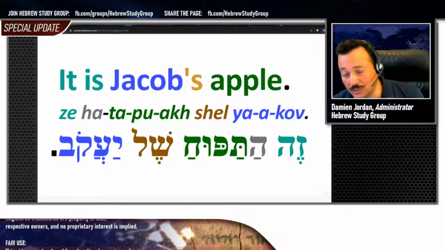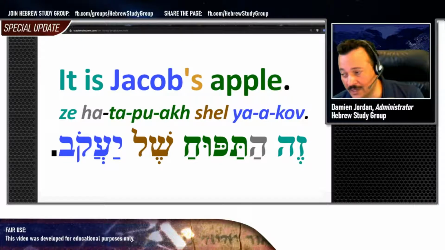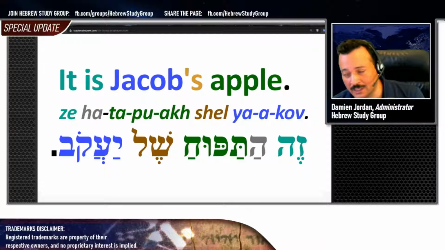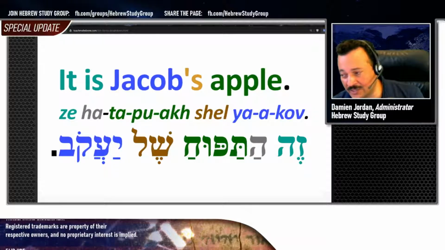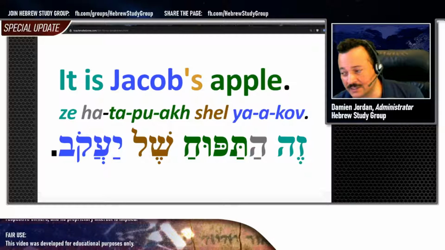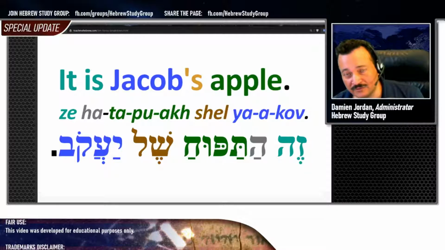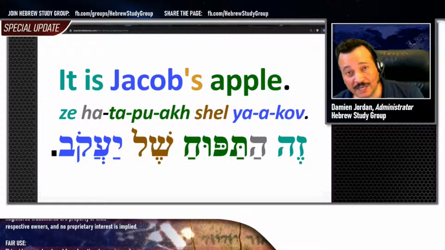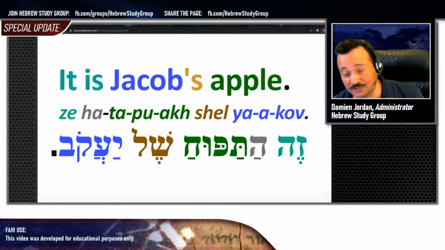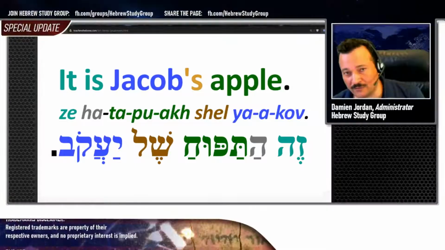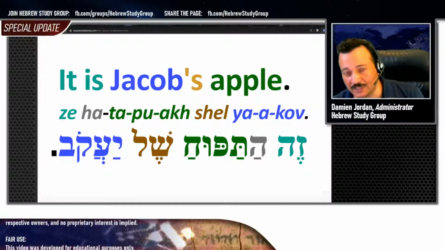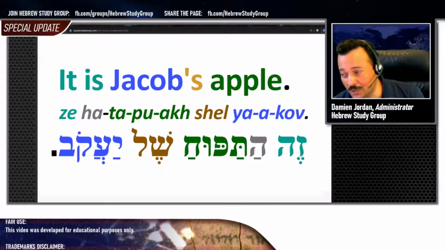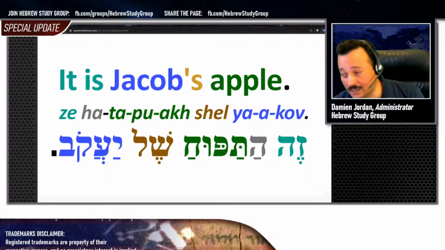Okay? So let's read it again. Ze ha tapuach shel Yaakov. It is conveyed as, it is the apple of Jacob. Let's go back and forth now between the transliteration and the meaning. Ze ha tapuach shel Yaakov.